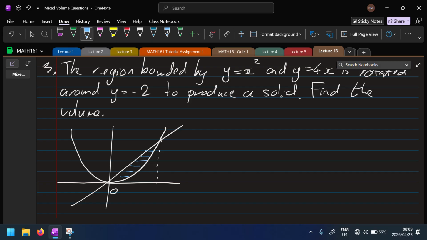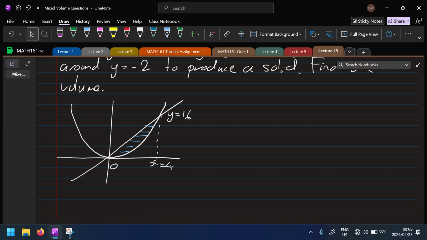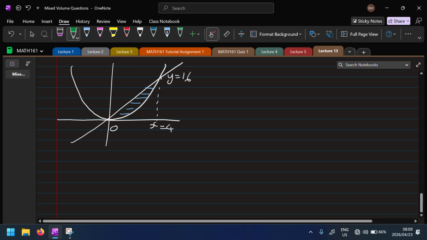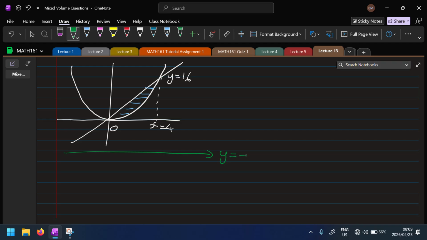Yeah, so the x value is 4, the y value is 16. We might need those. So now we rotate this around y equals -2. That's going to be a horizontal axis over here. We're going to rotate around that axis there.